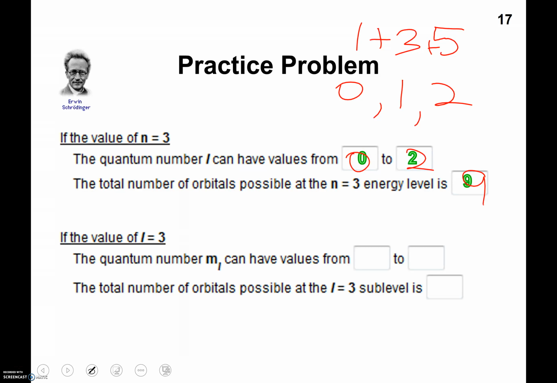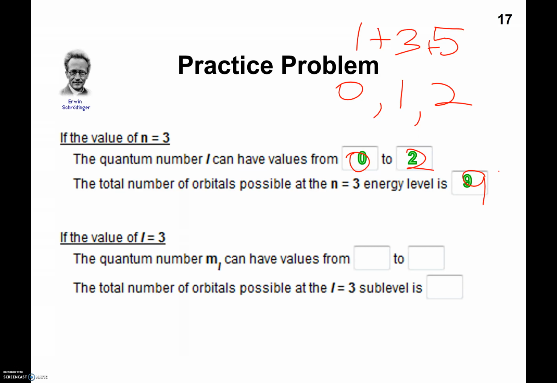And let's see for right there. Oh, we're doing good so far. All right, so we're getting this figured out here. Let's do this last one here. If the value is L equals 3, that means we're dealing with F orbitals.